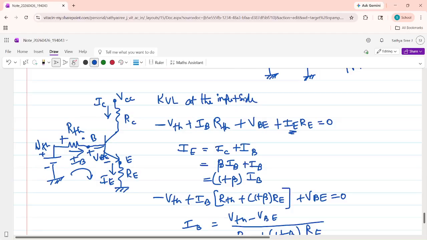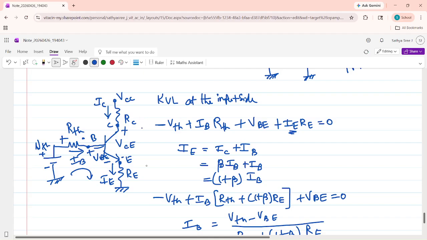Now we have to proceed with the KVL at the output side. In the output side KVL, there is some VCC here. After that there is the IC RC. From this is the collector point. From the collector to the emitter, there is a voltage drop of VCE. The positive of VCC is connected to the resistance and the negative of VCC is grounded.